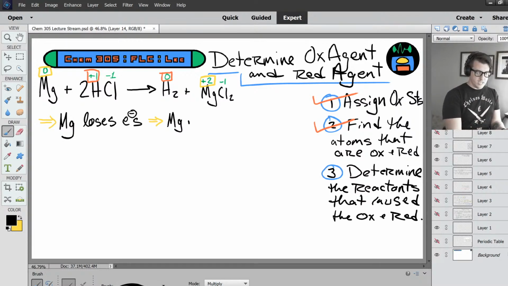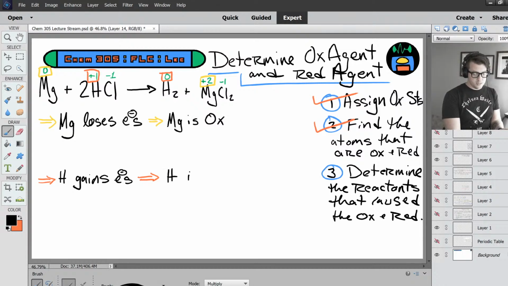LEO. Magnesium, the element, is oxidized. When you look at the other element with changing oxidation states, it's hydrogen. Hydrogen goes from a +1 to a 0, so hydrogen gains electrons, which means that hydrogen is reduced.